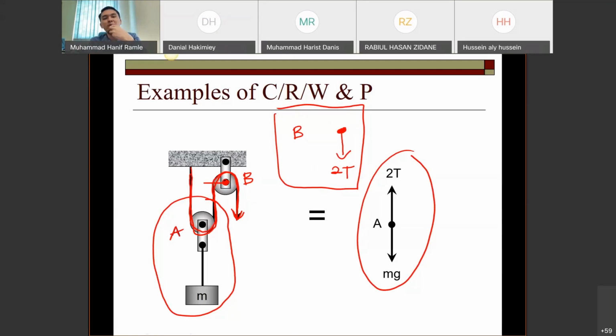No, mg, there is no object attached on the rope for the system at B. Upper force, which force? At point B. What force?